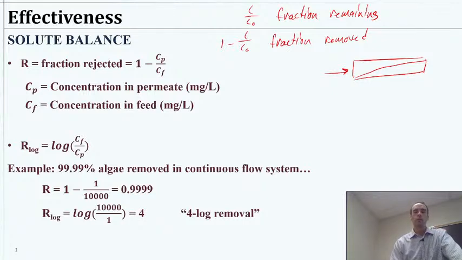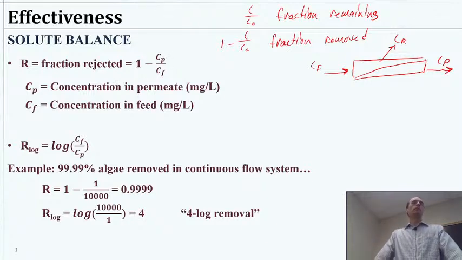So if we have C in the permeate, C for the feed, and maybe some C for the retentate, our fraction removed is directly connected to that previous concept. This is 1 minus the concentration in the permeate divided by the concentration in the feed.